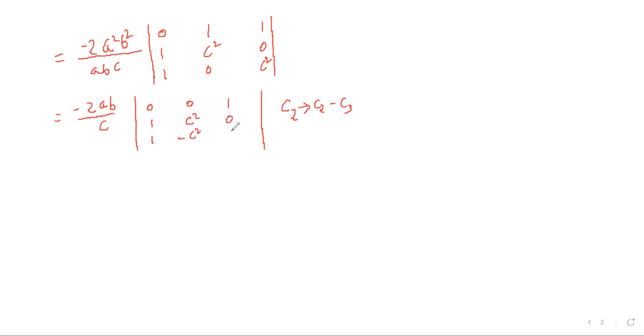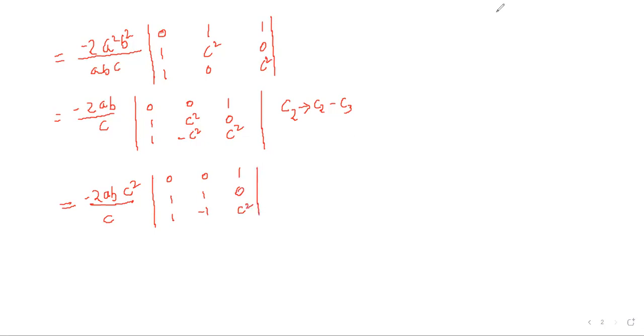And write the third column as it is. Now c square is common in column 2. So minus 2AB into c square over C into 0, 1, 1, then 0, 1, minus 1, 1, 0, c square.